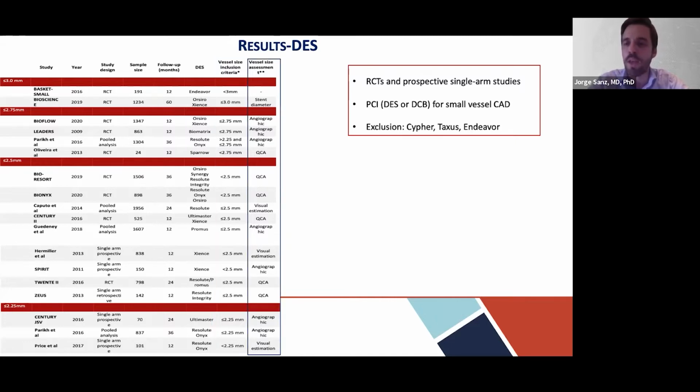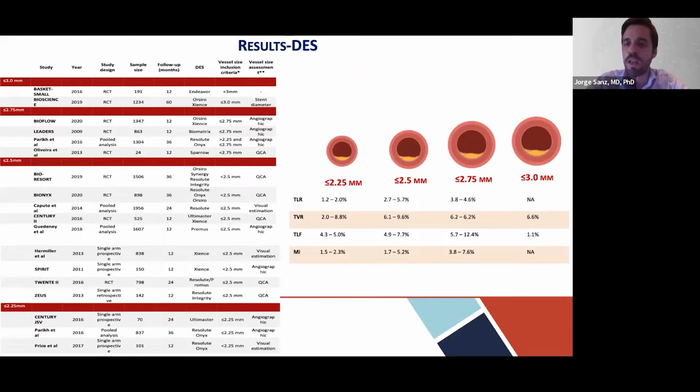The way that the vessel size was evaluated was also very heterogeneous, ranging from QCA to visual estimation or even the diameter of the stent that was implanted. For all this heterogeneity, we were not able to pool the data, and in the paper we provided the median event rates for TLR, TVR, TLF, and AMI according to the different vessel size.